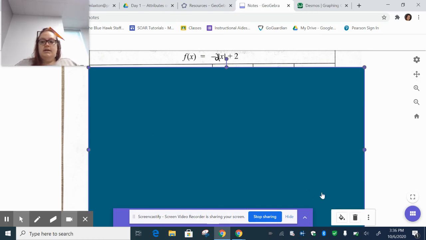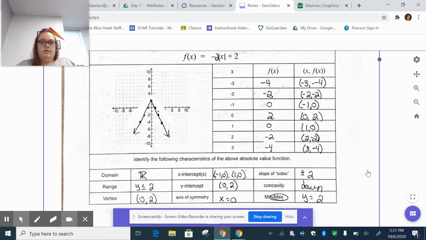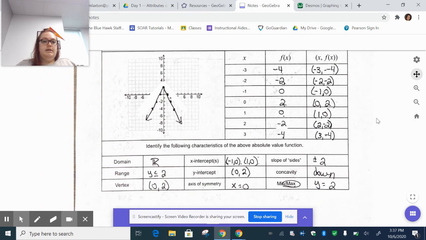All right, so here is what you should get. Now you'll notice this one looks a little bit different than the other ones. This one looks a little skinnier, maybe like it's stretched out a little bit. And those lines, the sides of the absolute value, they're steeper, right?